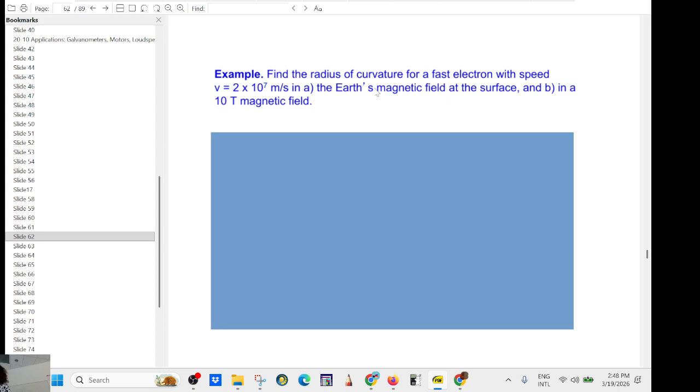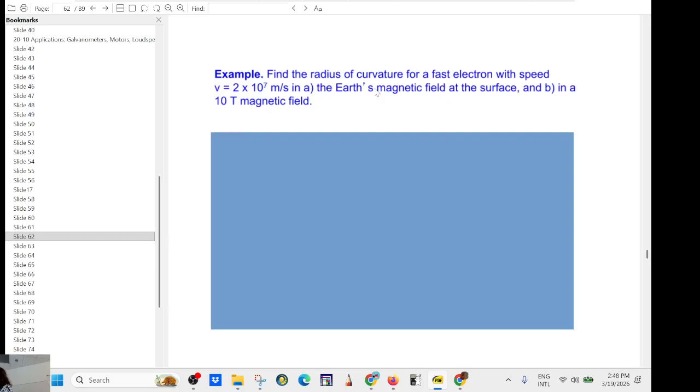Okay, the radius equals the momentum, mass times velocity, so larger momentum, larger radius, over QB. What is given to you? You have a fast electron, so the charge is 1.6 times 10 to the negative 19 coulombs. The magnetic field of the Earth is 0.5 times 10 to the negative 4 Tesla, which is 0.5 Gauss.